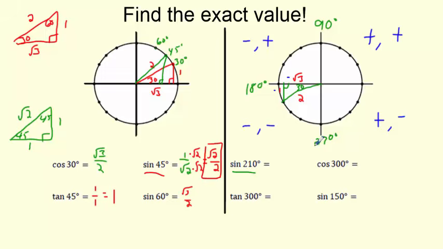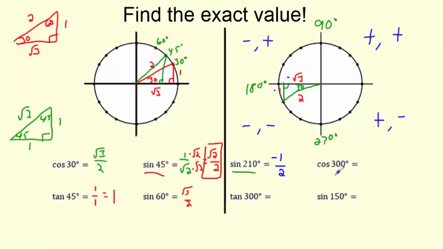So the sine of 30 is really what? It's opposite over hypotenuse. It's just 1/2. But because it's negative over positive, it's actually negative 1/2. The 2, the hypotenuse, is always positive. So because I'm in this quadrant, it's going to be a negative.